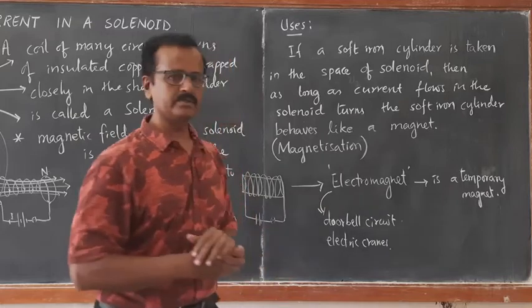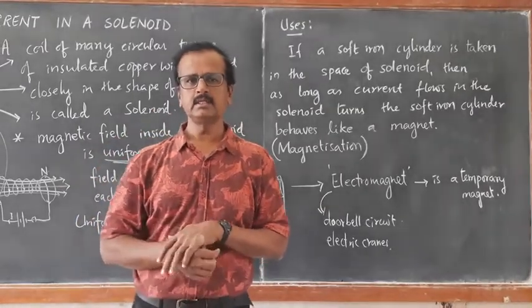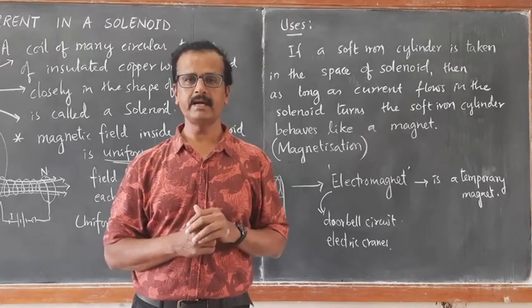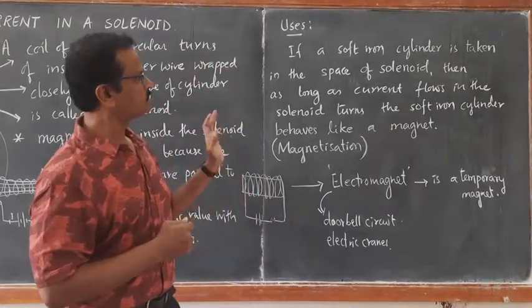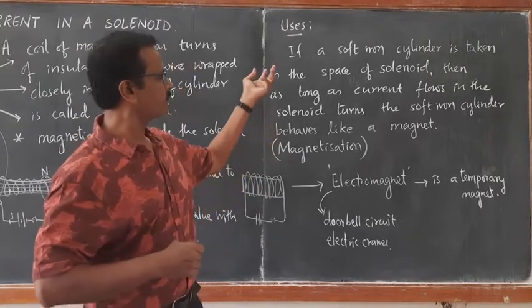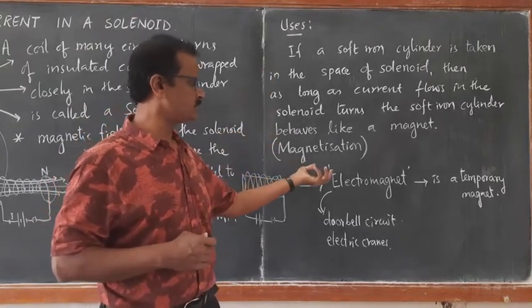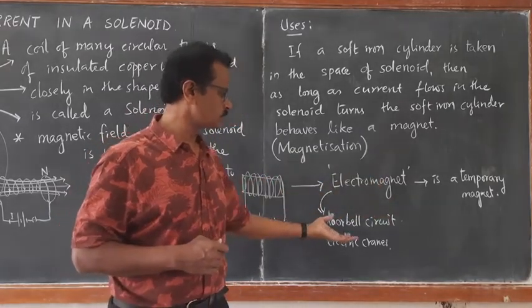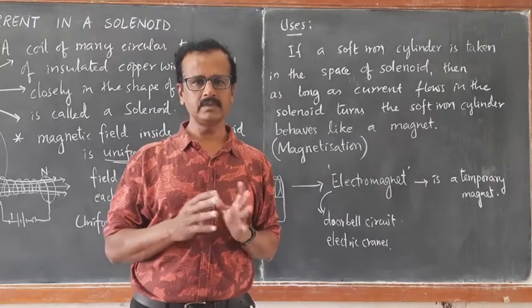In the next video we shall discuss the force experienced by a current carrying conductor placed in a magnetic field. I think the discussion on what a solenoid is, the meaning of magnetization, the meaning of an electromagnet being a temporary magnet, and its uses is very clear to you.